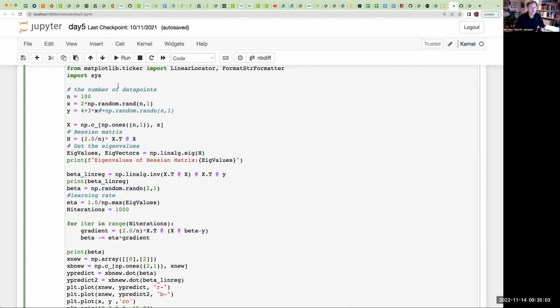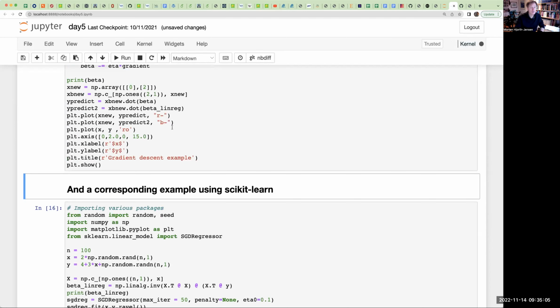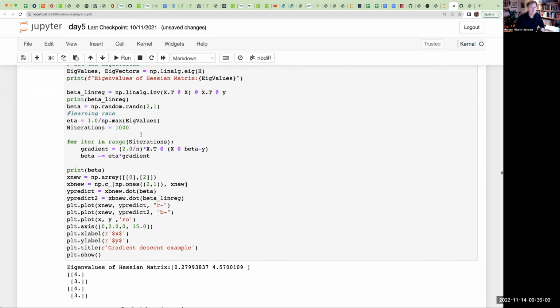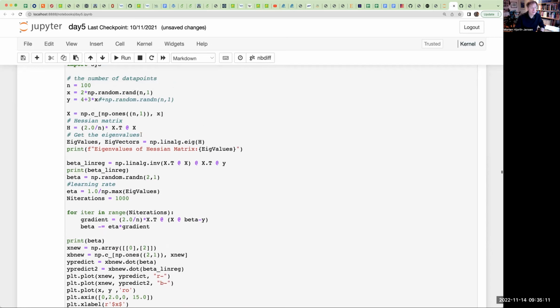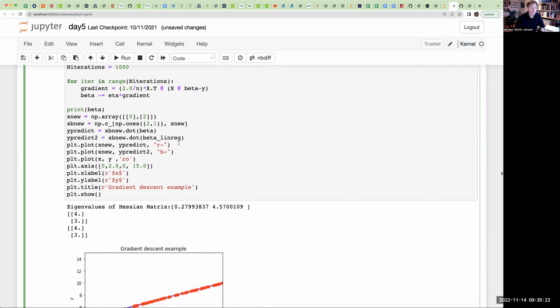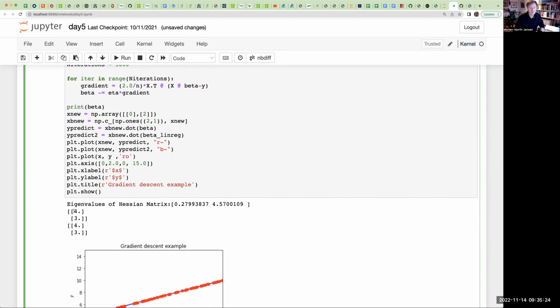And if I look at the calculations now with this specific problem which I had, you see now that from the original data, my intercept is 4 and the slope is 3. The first thing I do is actually to calculate the inverse of the matrix and then obtain the parameter beta. So that gives me, by matrix inversion, 4 and 3.